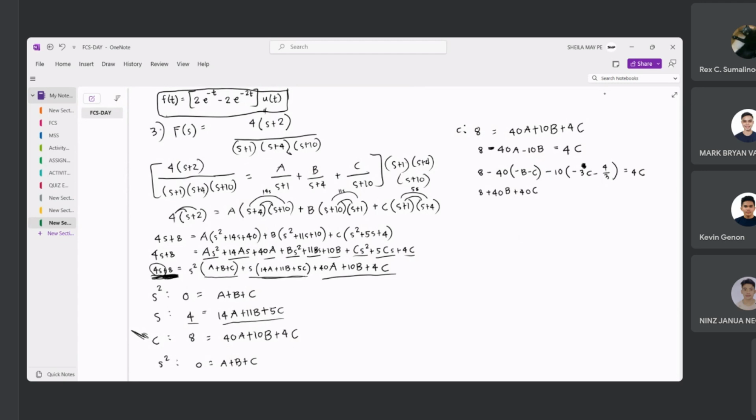Okay, and negative 10 times negative 3C, so that's positive 30C plus 4 thirds equals 4C.